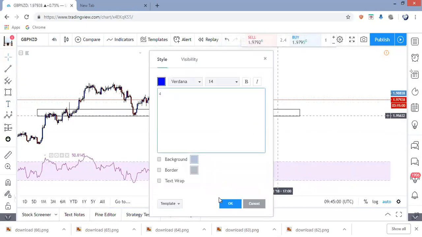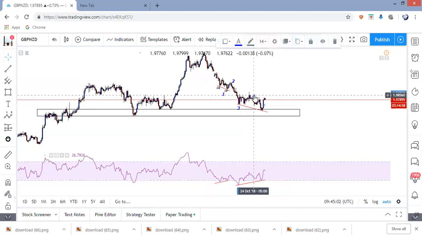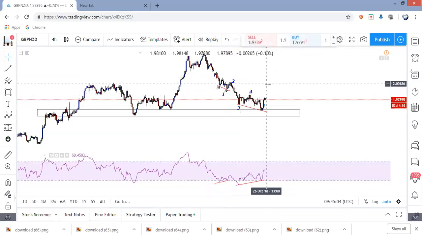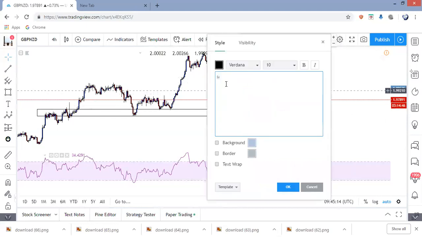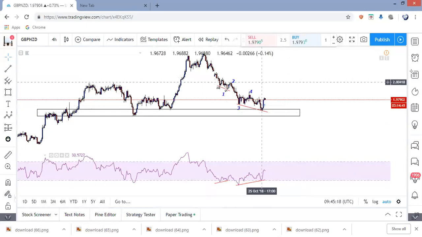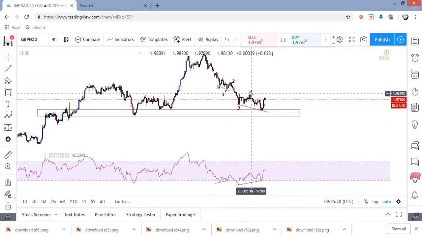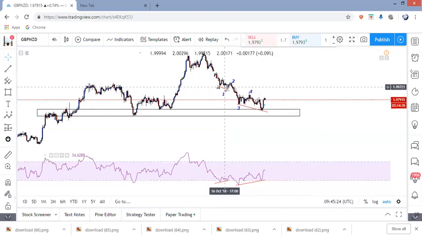Remember, wave 4 must not go over wave 1. And when you check here, you see where wave 1 is on the Roman figure V. I did my Roman figure writing wrong, excuse me for that. It's V. On Roman figure V, it does not go over it. Wave 4 does not go over wave 1.